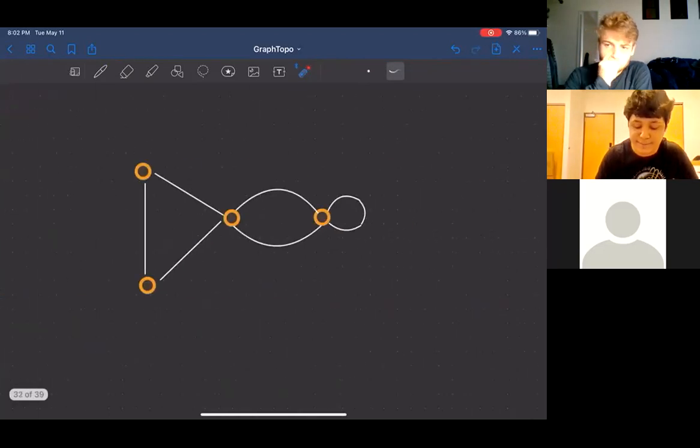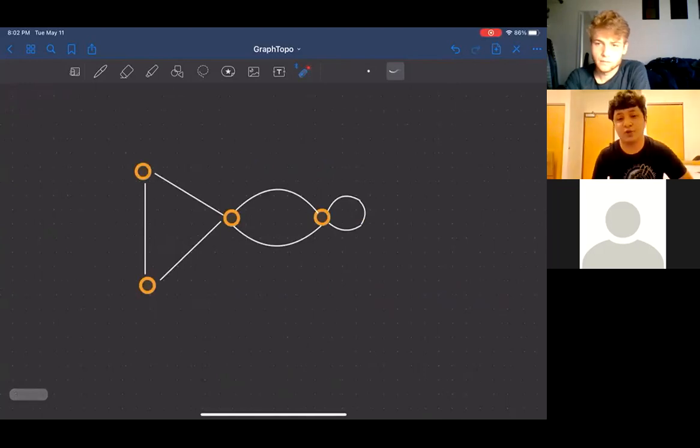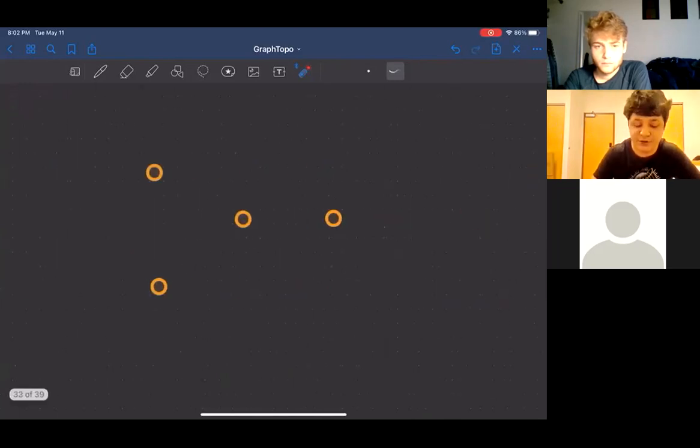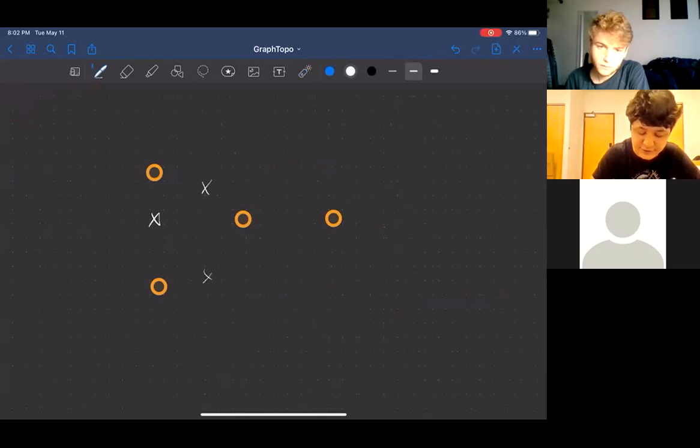So how do we visualize this topology? For example, consider this graph here. I will draw each of the edges just like an X for the sake of the drawing. As I mentioned, the basic open sets are the vertices themselves, and then we have the edges with the vertices they are connected to.